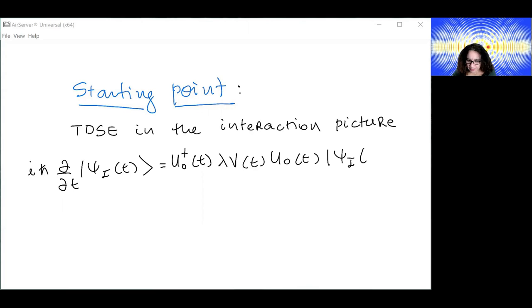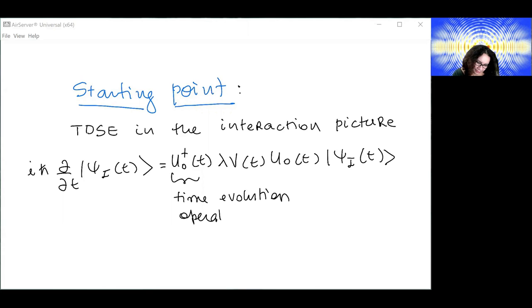psi_I(t), whereby this is the time evolution operator associated with H naught.